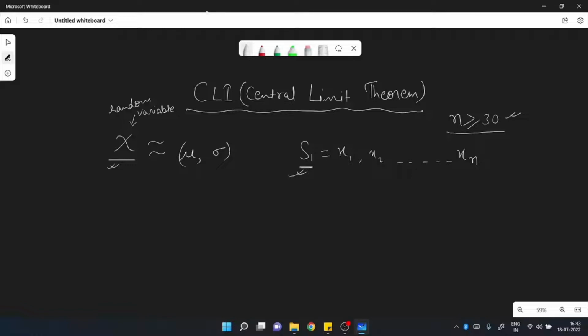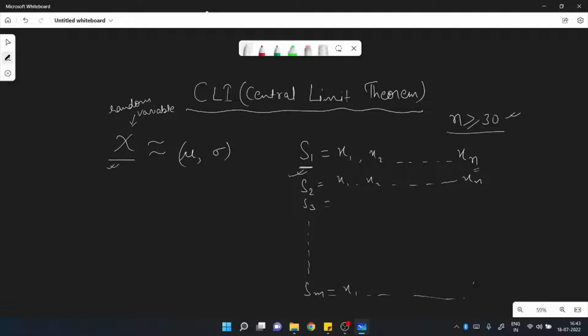Similarly, we can take multiple samples, till Sm. Here also we take x1, x2, till xn, where n should be equal to 30 or greater, not less than 30.